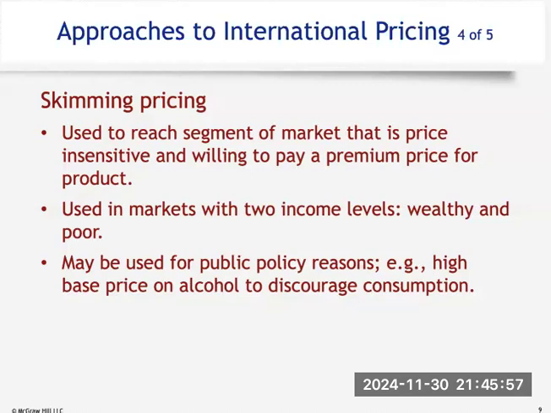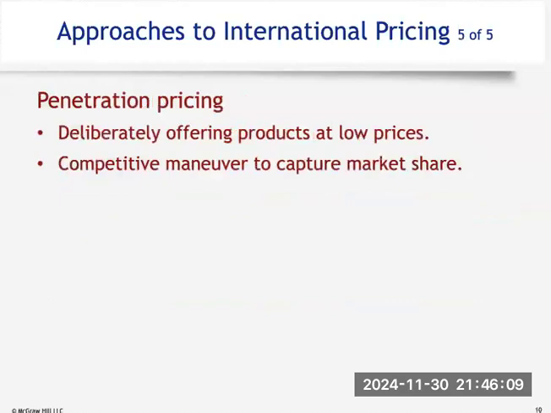Eventually your prices are going to have to go down. But skimming is used in markets all the time, and it has to be something that is new or innovative.